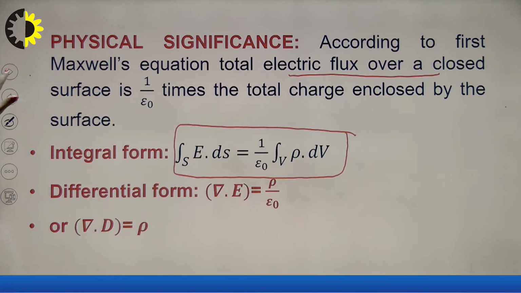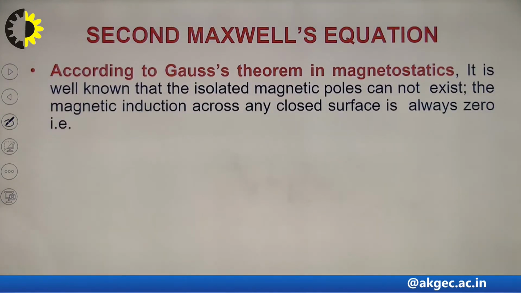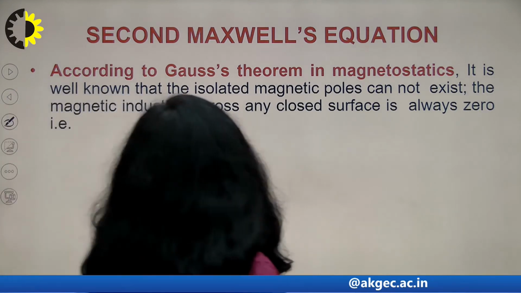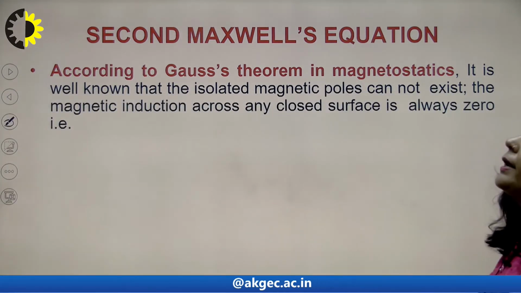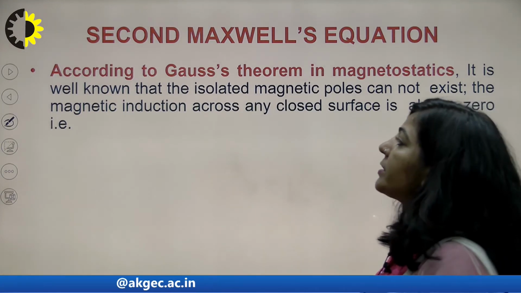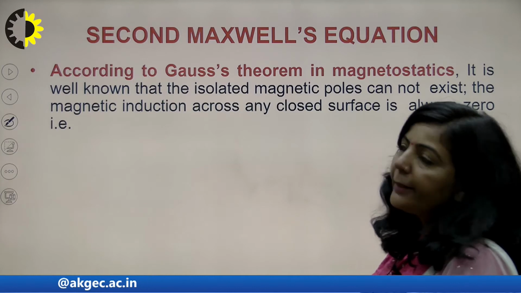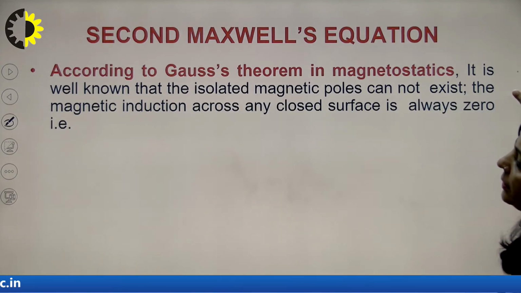We are going to write our second Maxwell equation. The first point is that you have to understand from where you are getting your second Maxwell equation. You know that your second Maxwell equation is the differential form of Gauss law in magnetostatics. Clear? So what is Gauss law in magnetostatics?